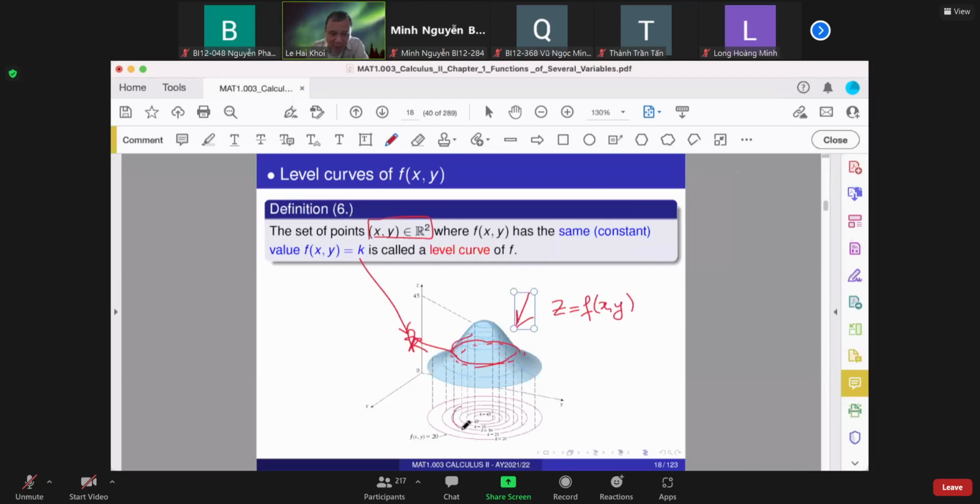That is, if you look at this part, x and y, f(x,y), not inside but out on that boundary, every point has the same k, amplitude, the height equals k. What does that mean? This performs the level set, meaning that f has the same k, right?